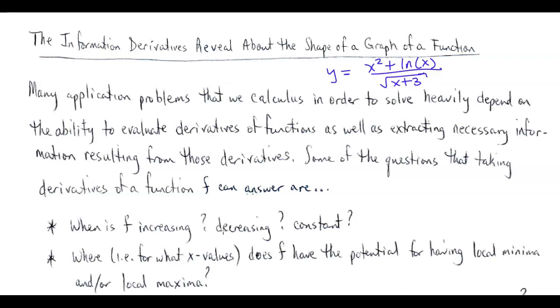So if you're trying to figure out, let's say, is this point actually on the graph of this function? Your grapher may make it appear that it is, but you may actually have a hole there.